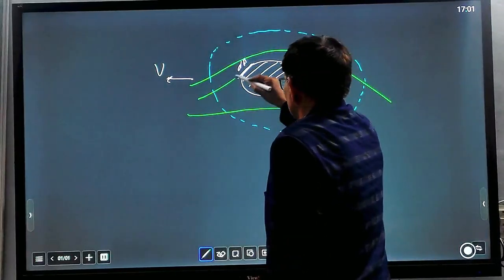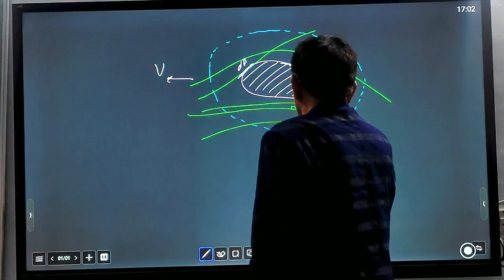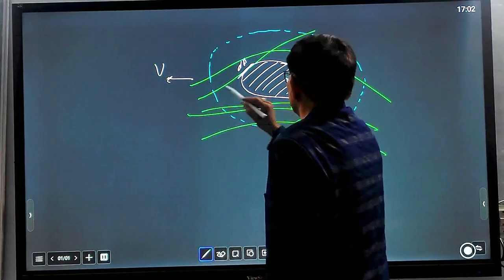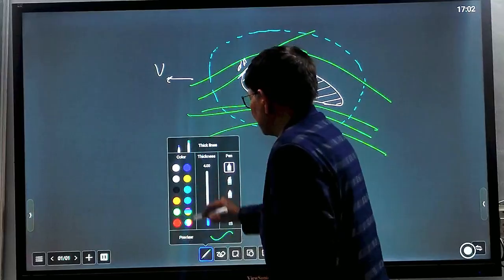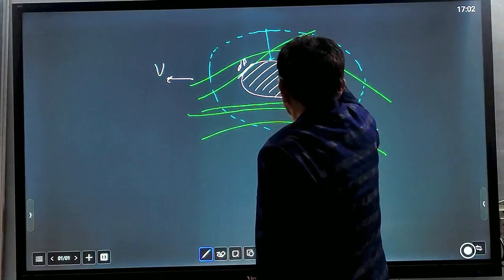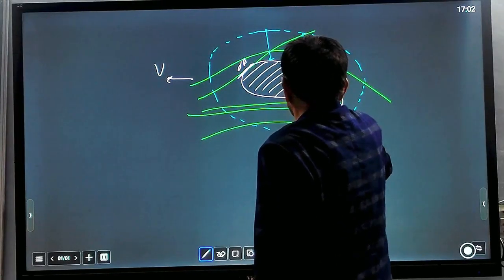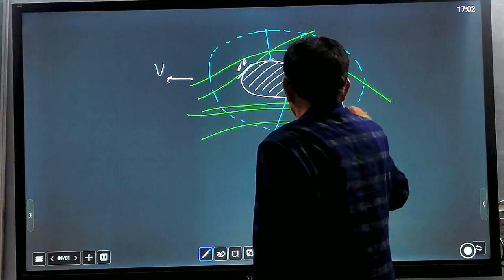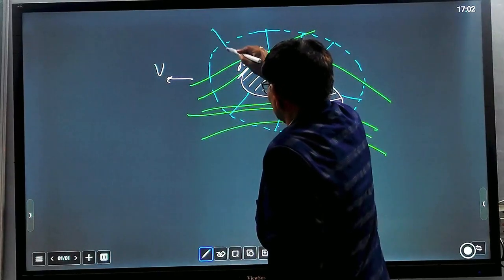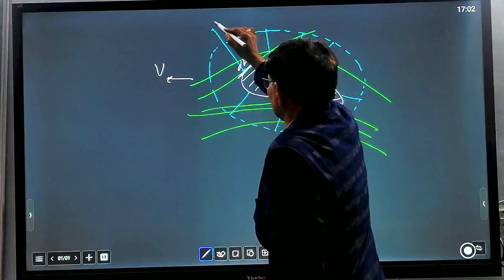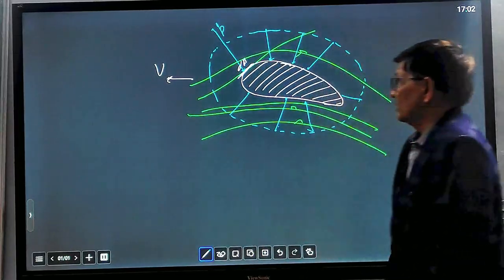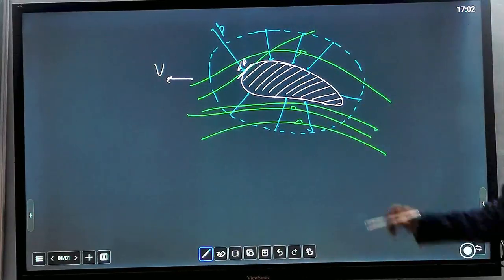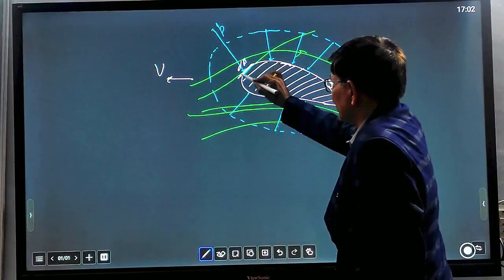The surrounding fluid will exert pressure from all sides, so a pressure P is acting on this very small area dA.